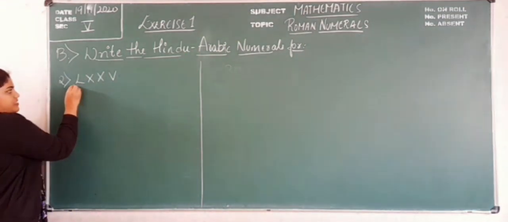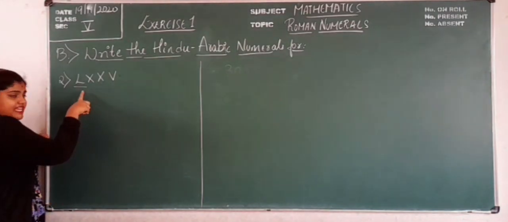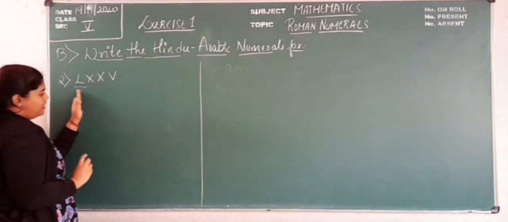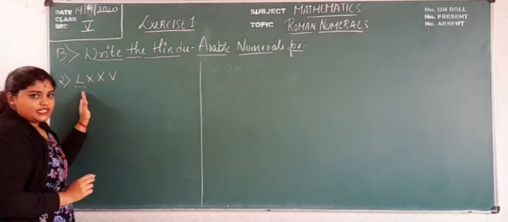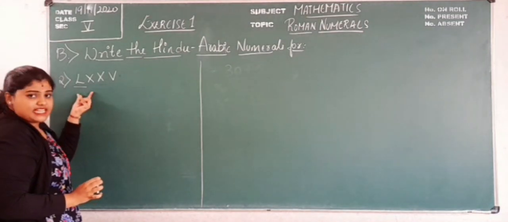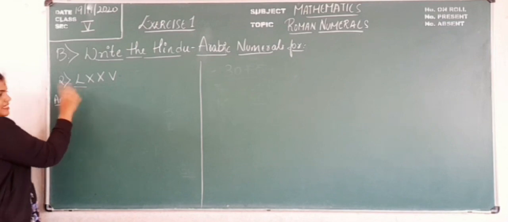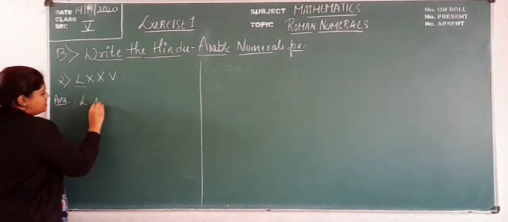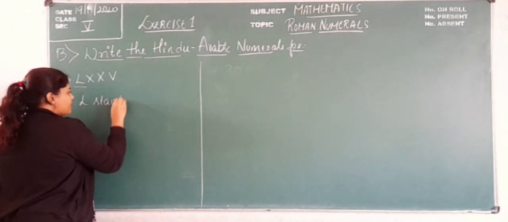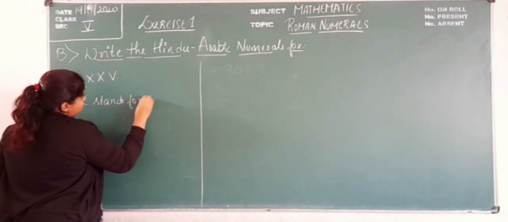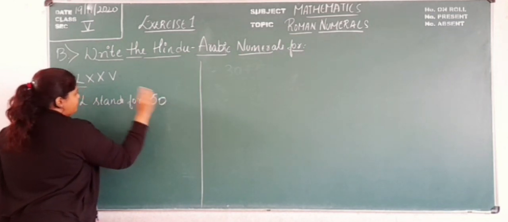What is the symbol? In the Hindu Arabic system, L stands for 50. So the first symbol is L, which stands for 50.